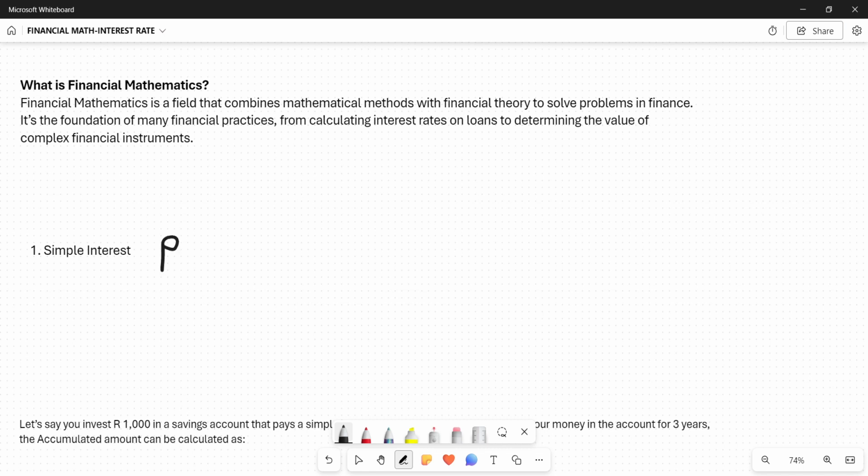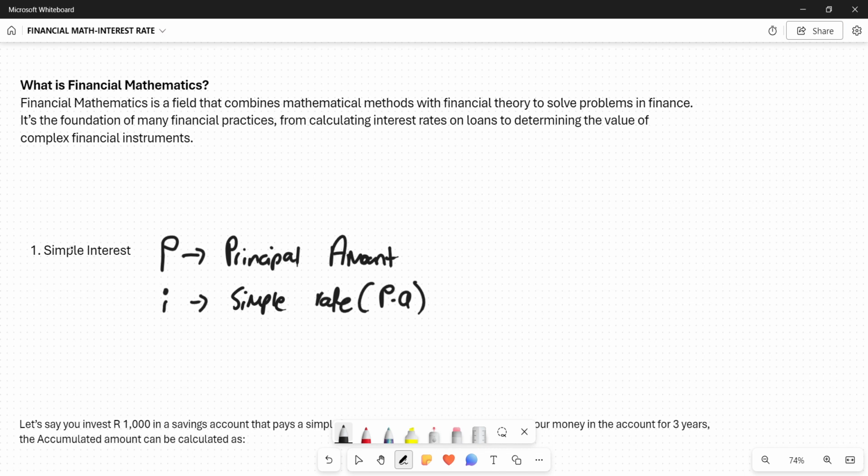We denote it by P. The principal amount P pays a simple interest rate of i, which is per annum, and n will denote the number of years.